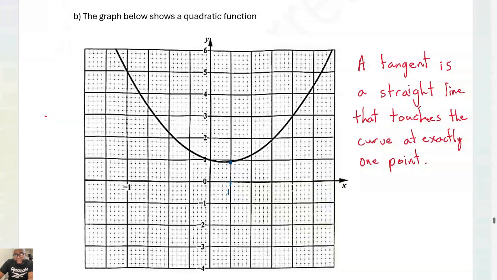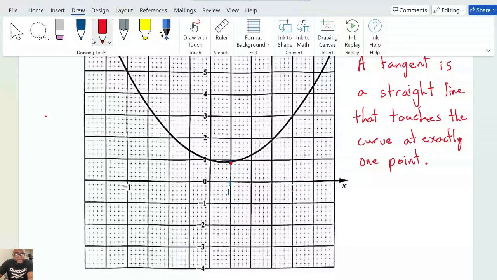Right? So I'm going to draw a straight line, and if I want it tangent to the curve at the point where x is 1, it must be touching the curve at that point, right?